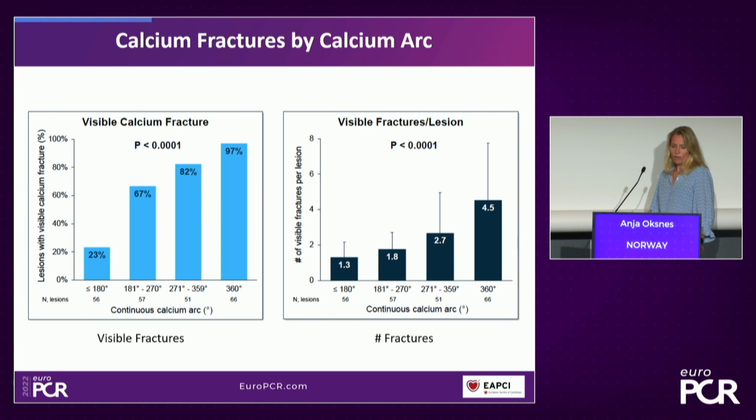Also, what was quite odd was that no matter how big the calcium arc was, the visible fractures were bigger the higher the arc, and you also had more fractures in the more concentric calcium.